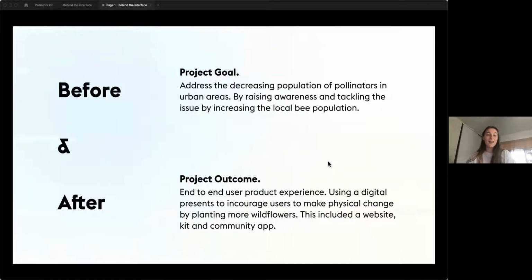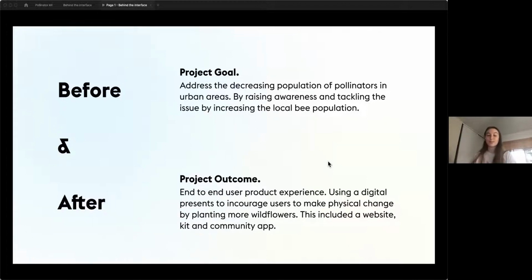So when I started this project, obviously you don't know where you're going to end up. My initial statement was to address the decreasing bee population in urban areas specifically, by raising awareness, or maybe tackling the issue if that was possible, and doing that by increasing the local bee population.